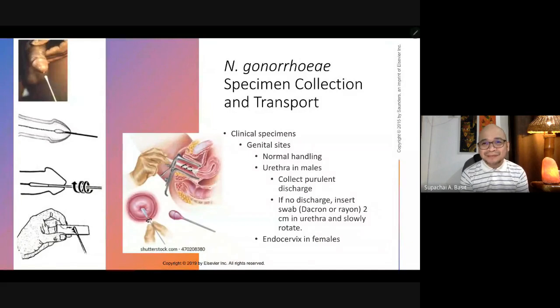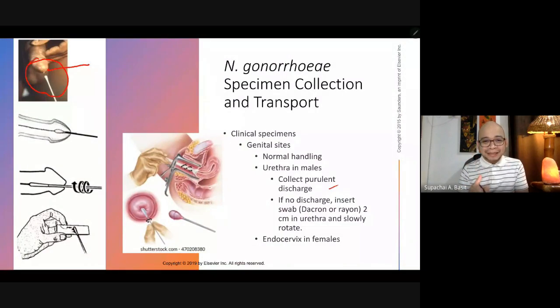It's really painful to have gonorrhea and more painful to have the specimen collected. Imagine this. Genital site is the site. So you collect the specimen. If there is a purulent discharge, then you collect the purulent discharge, and that's the end of the story.